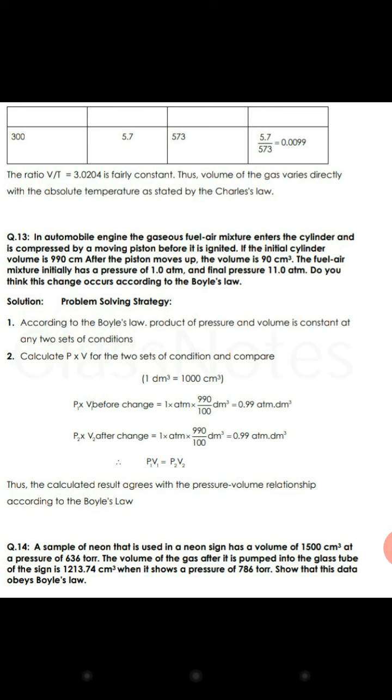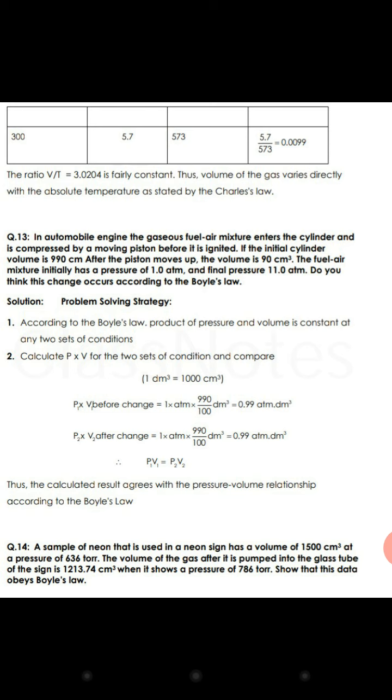A sample of neon that is used in a neon sign has a volume of 1500 centimeter cube at a pressure of 636 torr. You know, torr is also a unit of pressure, and 1500 centimeter cube is the unit of volume.